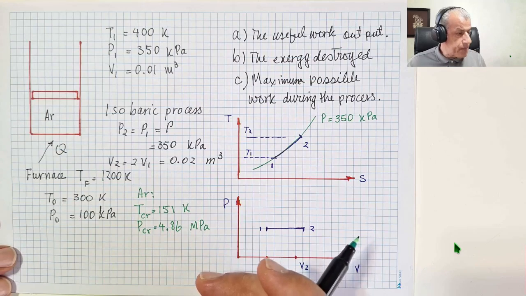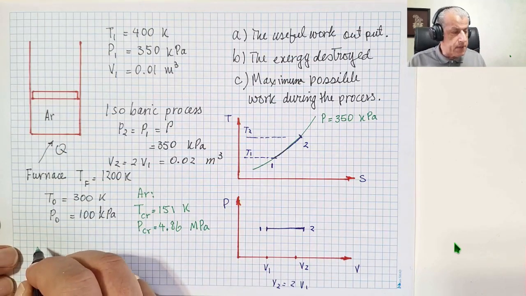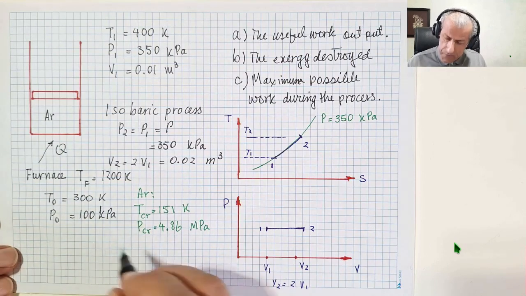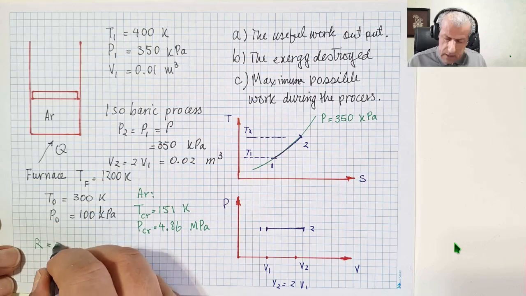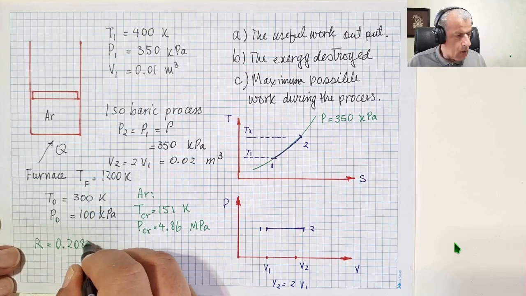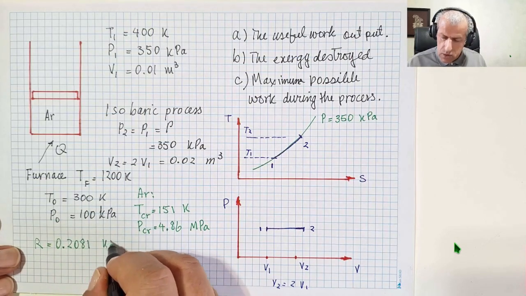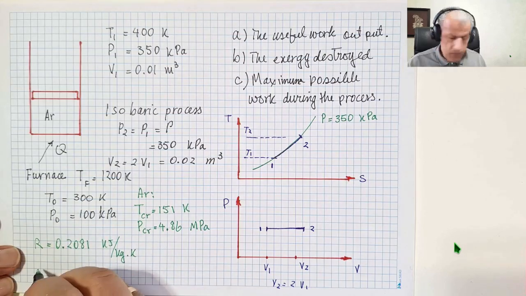And so we may also read other properties. R equals 0.2081 kilojoules per kilogram Kelvin.